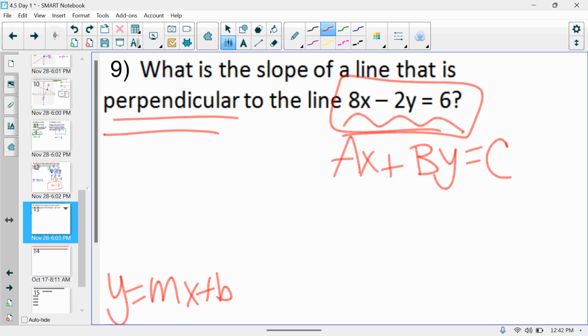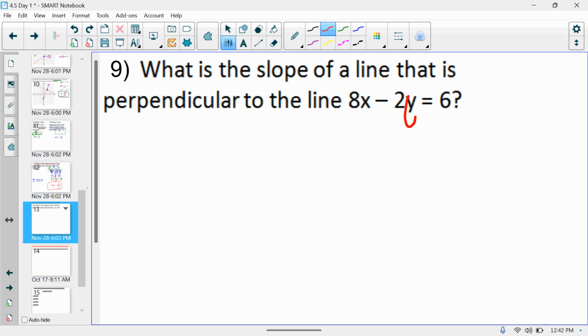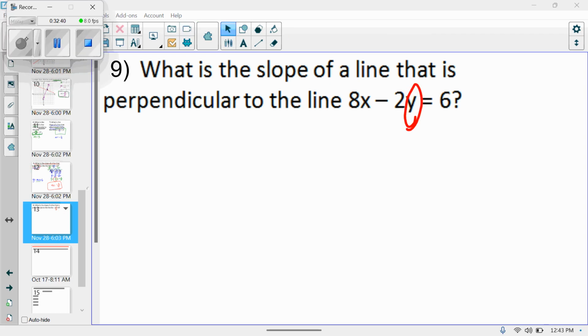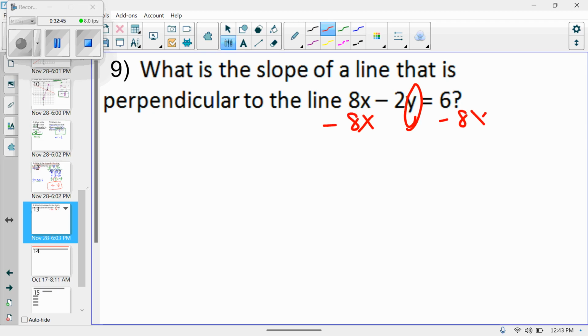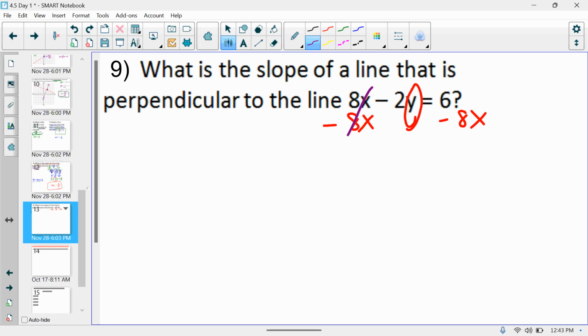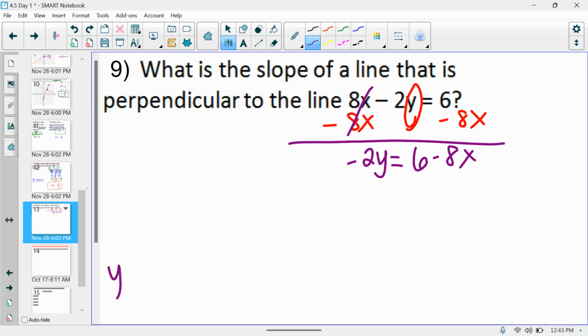So since we just did one together, you guys do this on your own. Get y by itself for me for us here. We would have to take away 8x on both sides. So 8 minus 8 is 0. Don't forget that negative 2y is left. 6 minus 8x we would write because they're not like terms. Remember, this is the goal because we have to know what is the slope, right?